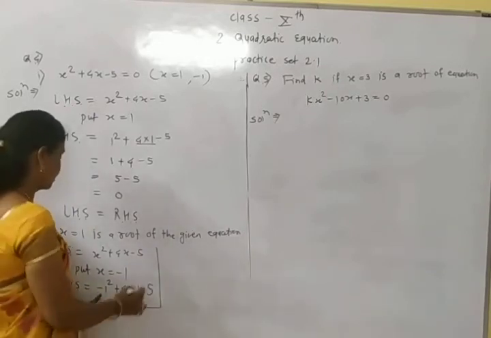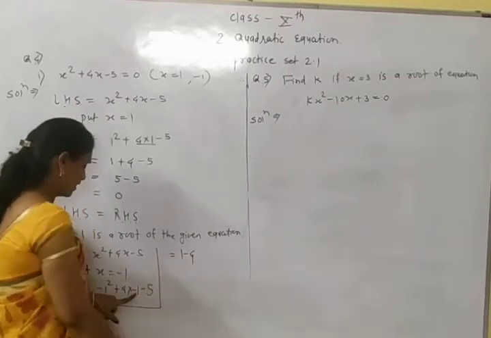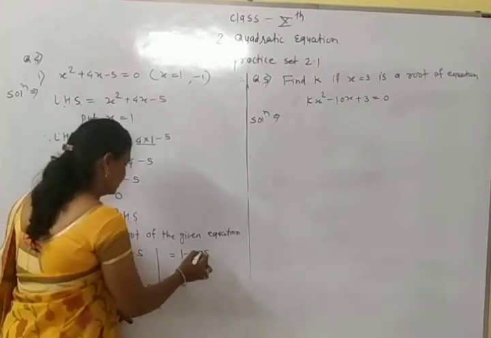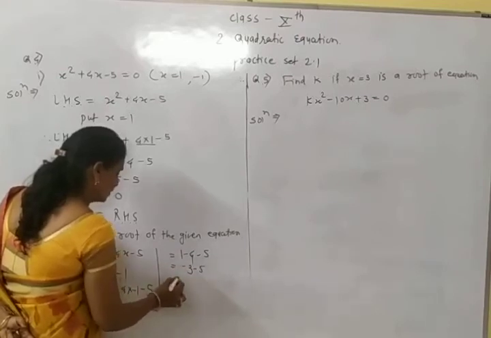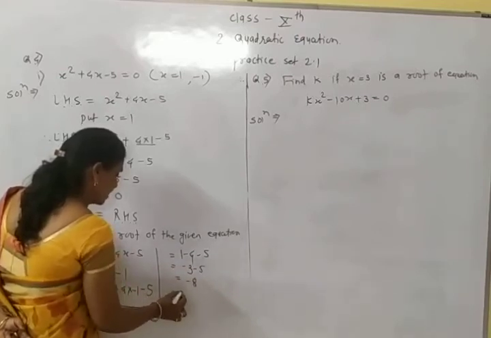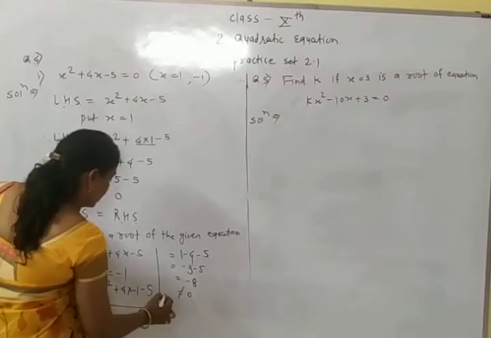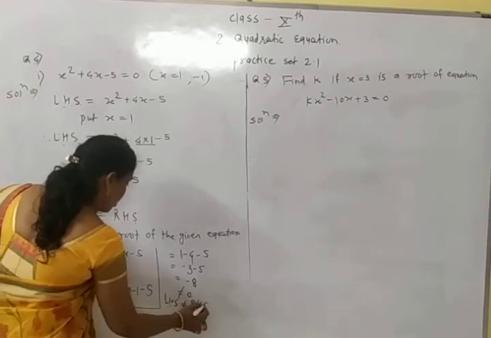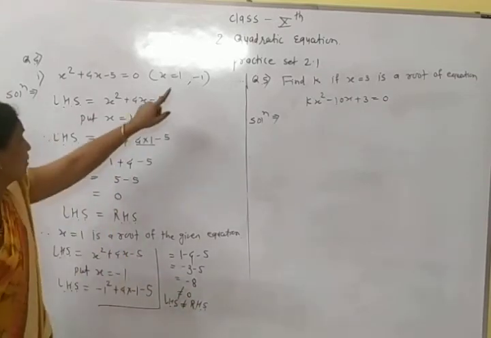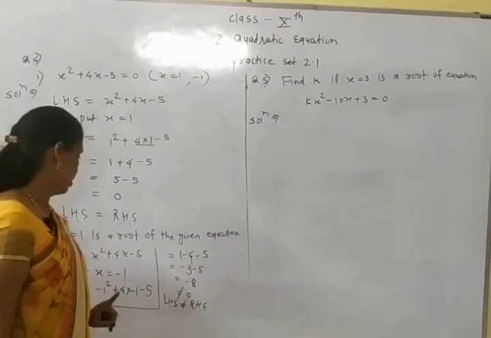Then minus 1 square is 1. 4 into minus 1 is minus 4, minus 5. 1 minus 4 is minus 3, minus 5 equal to minus 8, and minus 8 is not equal to 0. Therefore, LHS is not equal to RHS, and therefore minus 1 is not a root of the given equation.